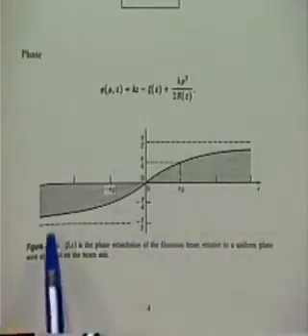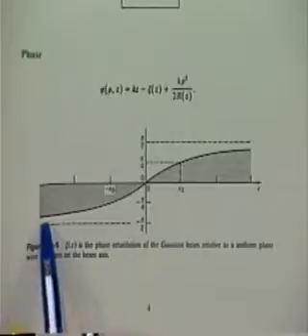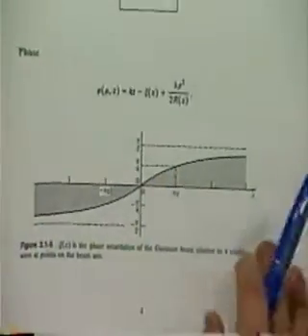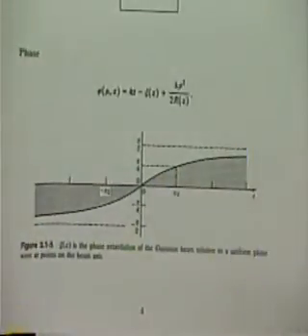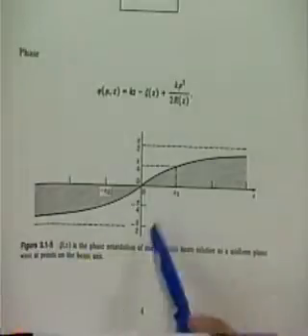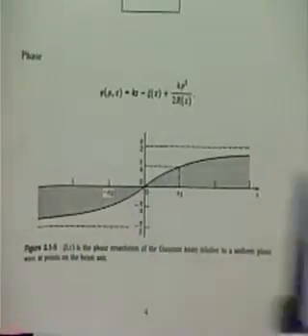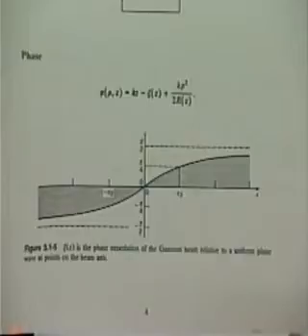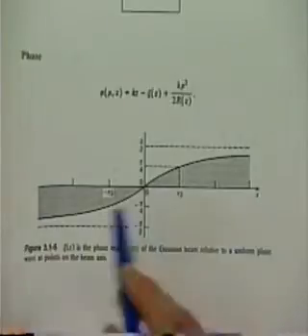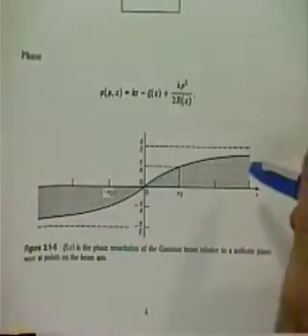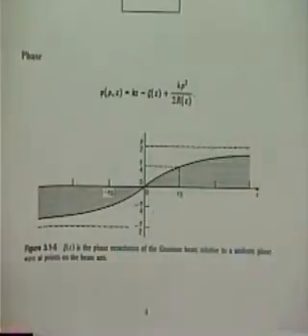And so this other factor goes from minus pi over 2 to plus pi over 2, and at the beam waist it's equal to 0. I don't know, that's kind of an interesting guy here. And I cannot explain physically why that happens, but it's kind of an intriguing little factor we have.